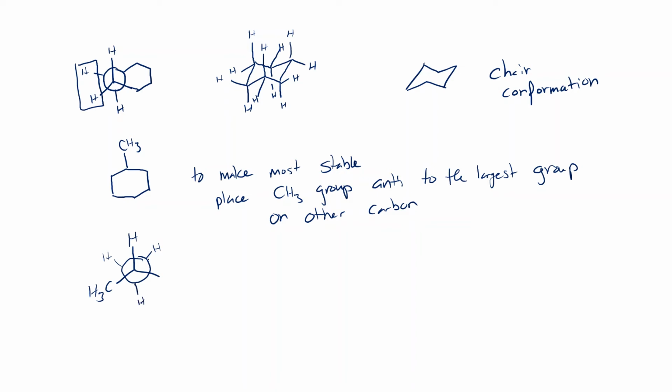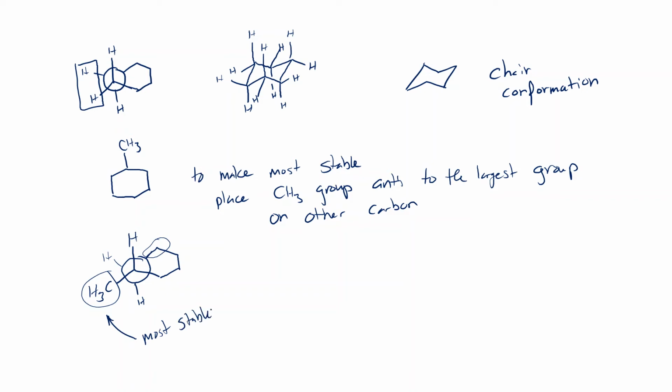Oops, that's not a hydrogen. Pardon my mistake. So there's your six-membered ring, but notice that the methyl group is anti to this group. It's 180 degrees from that group. And so this is the most stable position.